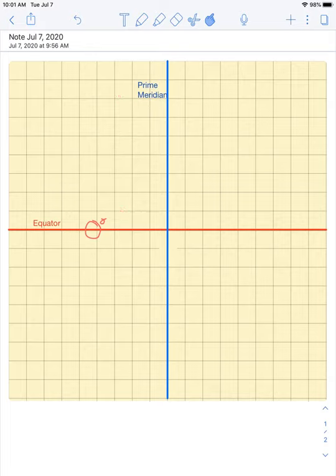Instead, they're going to count, all right, either by tens, maybe 10, 20, 30, 40, 50, or maybe by 15s, 15, 30, 45, 60, all right, 75.